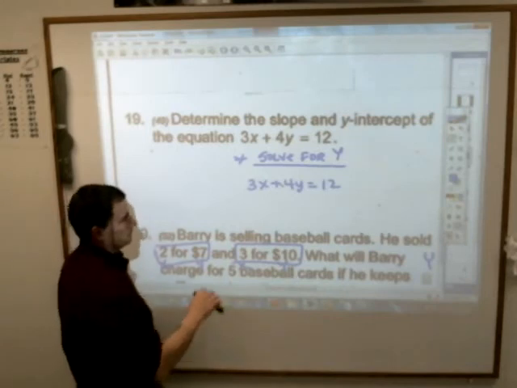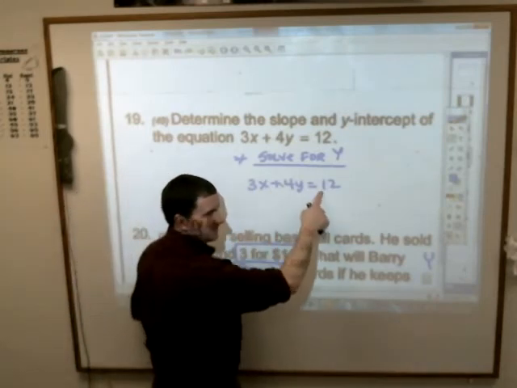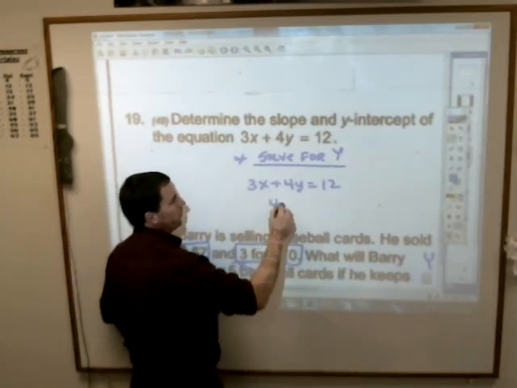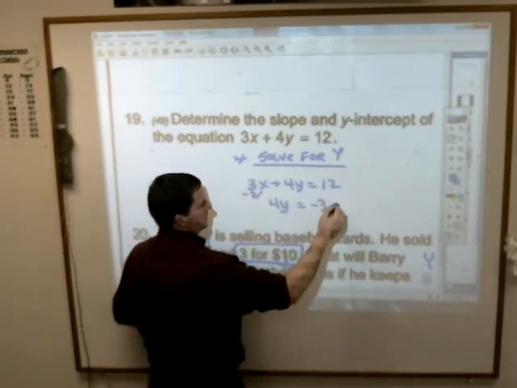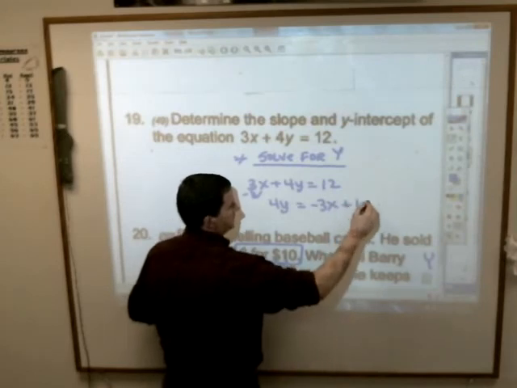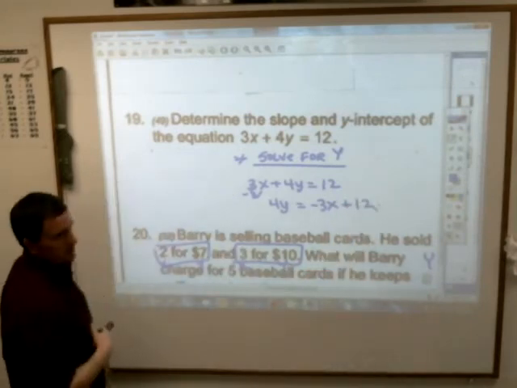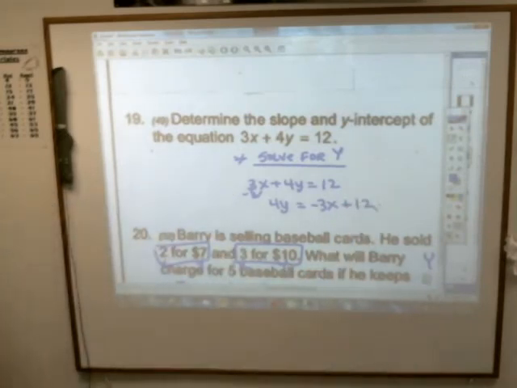Subtract the 3x to the other side. So 4y equals minus 3x plus 12. Now how do I solve that for y?